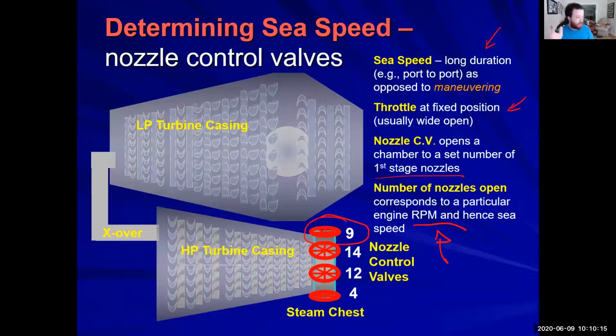But what really matters to us is something that will not change, our RPM. Sure, if we go with the current, our RPM might be a little bit faster because there's not as much resistance, and the same thing going against it. But we'll know because of our RPM. The knots of the ship can vary too much with too many conditions we don't know about. So we care about our RPMs.